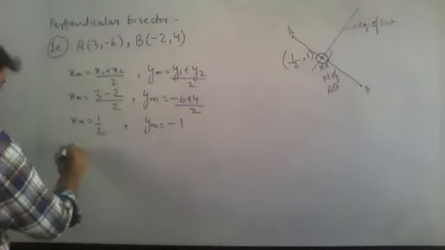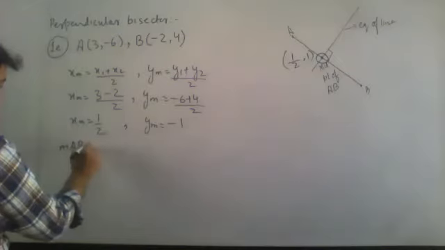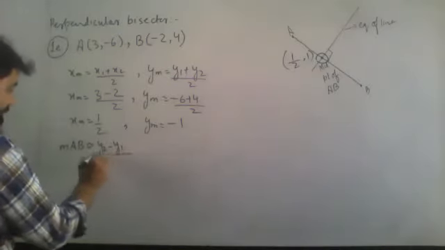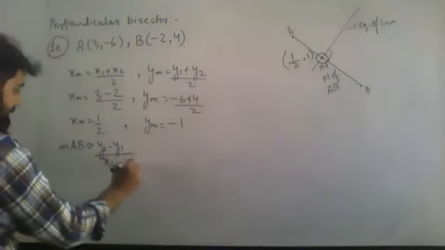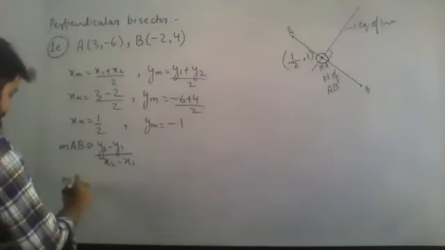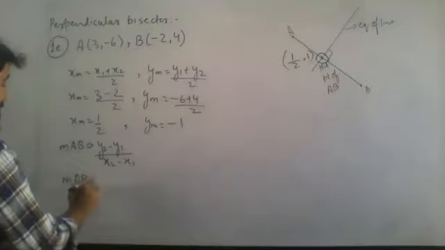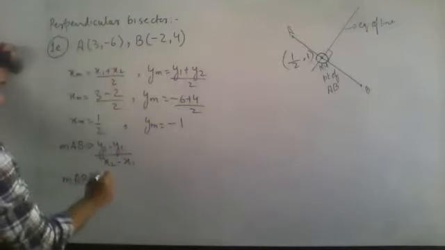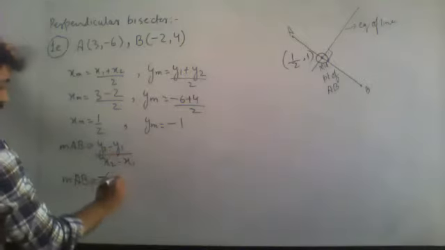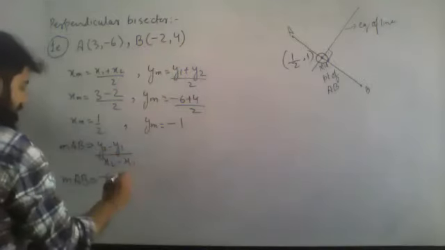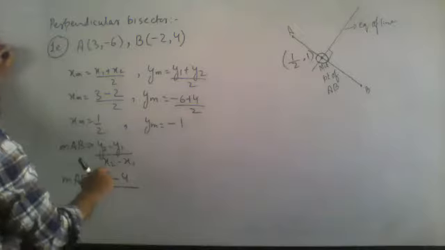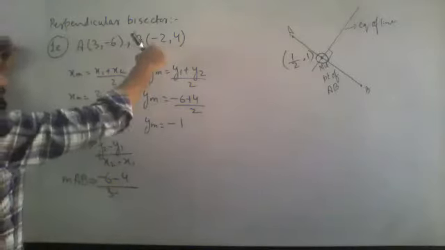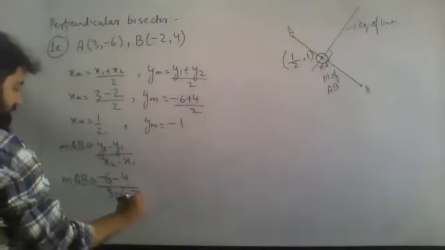So the gradient of AB will be y2 minus y1 upon x2 minus x1. Gradient of AB equals, what's your y2 over here? Minus 6, minus y1 which is 4, over x2 which is 3 minus minus 2.